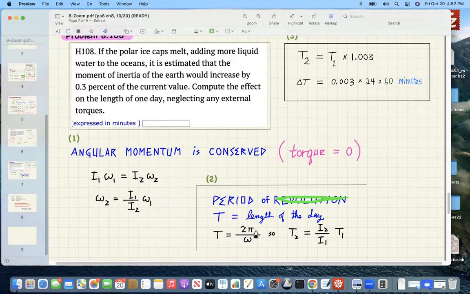That's 2 pi radians divided by the velocity. So T is 2 pi radians divided by omega. That'll be radians per second. So the unit here is radians divided by radians per second. The unit here is going to be seconds. How many seconds does it take for the Earth to turn around once? Well, it's 1 day.